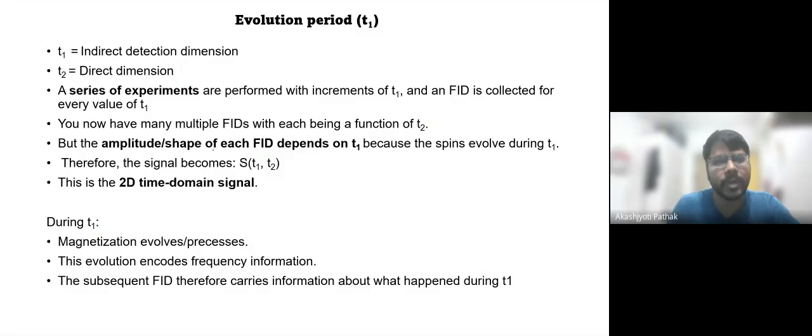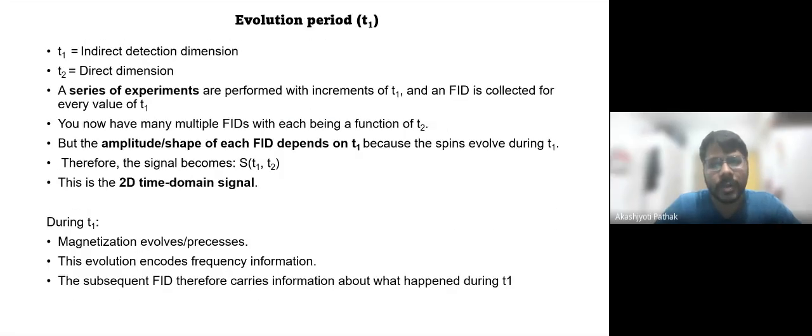This is the important point: the amplitude or shape of each FID depends on T1. So when we perform a series of experiments with increments of T1, at every T1 value we have an FID with a corresponding T2 dependence, and we get multiple FIDs.